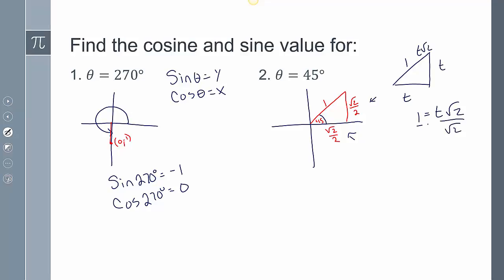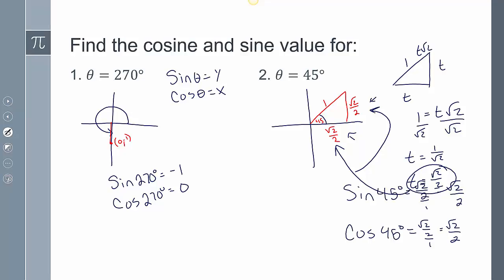Well, if I divide both sides by root 2, I get t equals 1/√2, which is the same as radical 2/2. And so because this is radical 2/2, that's radical 2/2, and that's radical 2/2. So now my sine of 45 degrees is going to be radical 2/2 over 1, and then my cosine of 45 is radical 2/2 over 1, which is just radical 2/2 and radical 2/2.